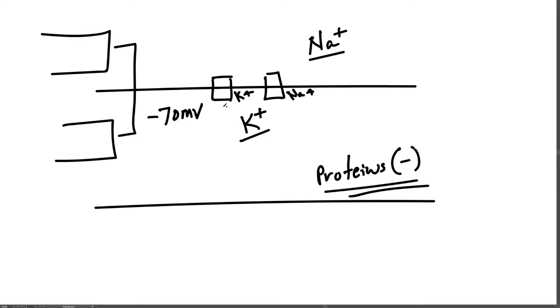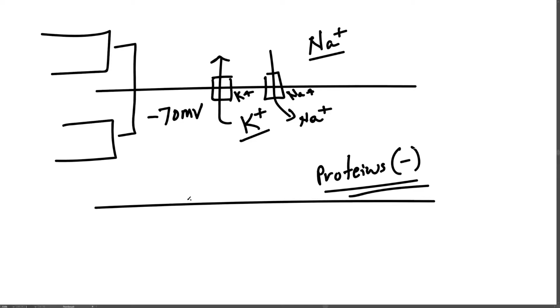And if the channel opened, then the ion would flow down its concentration gradient. That is, potassium, in this case, would go from the inside of the cell to the outside of the cell. And if a sodium channel opened, sodium would run down its concentration gradient from the outside of the cell to the inside of the cell. And we'll talk about that in a little more detail in a minute.